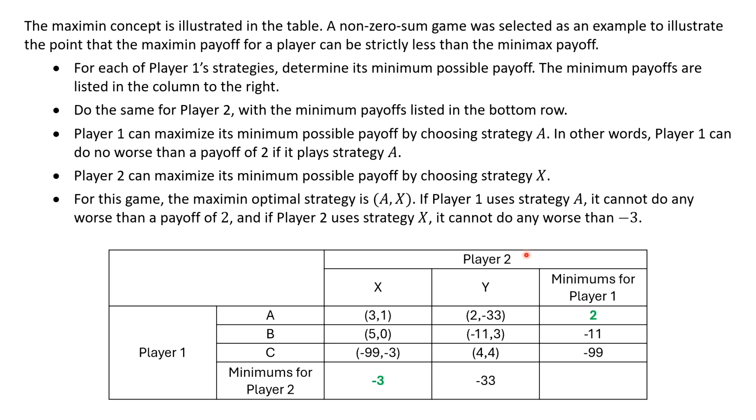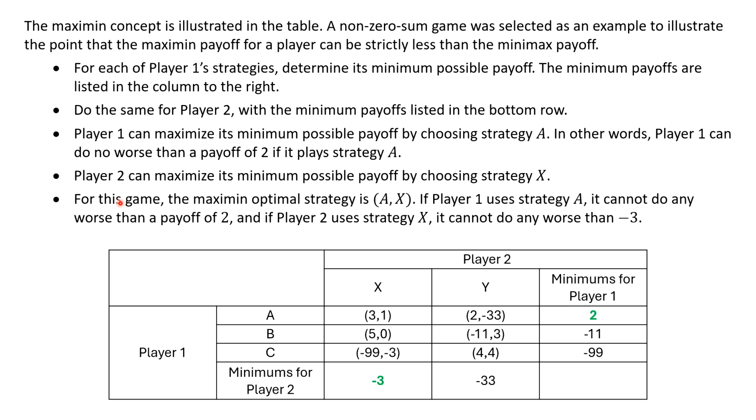Then we do the same thing for player 2. If player 2 plays X, the minimum would be a minus 3, and if player 2 plays Y, the minimum could be a minus 33. So again, we take the max here, and that would be minus 3 out of these two.